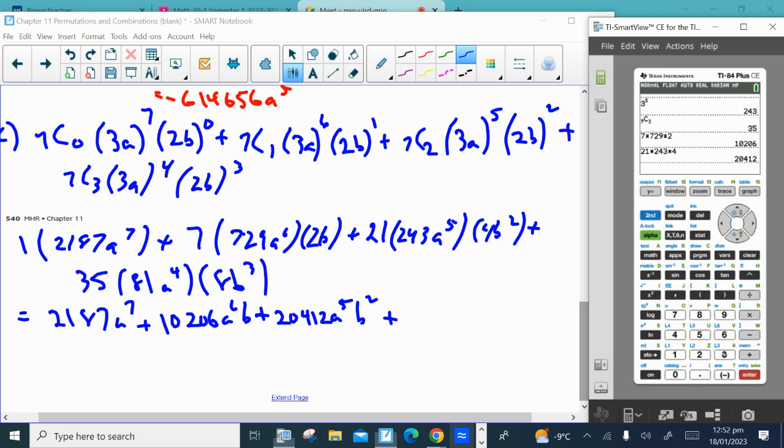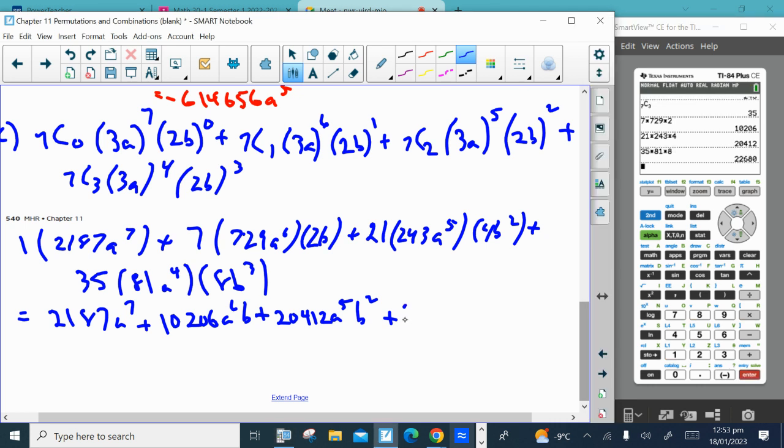And the last term, the coefficient will be the product of 35, 81, and 8, 22,680, a to the 4th b cubed. So there's the first 4 terms using binomial expansion.